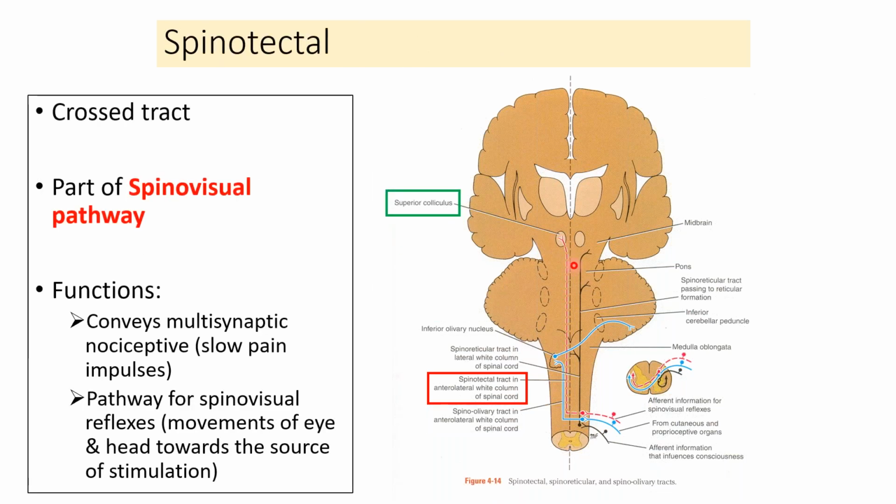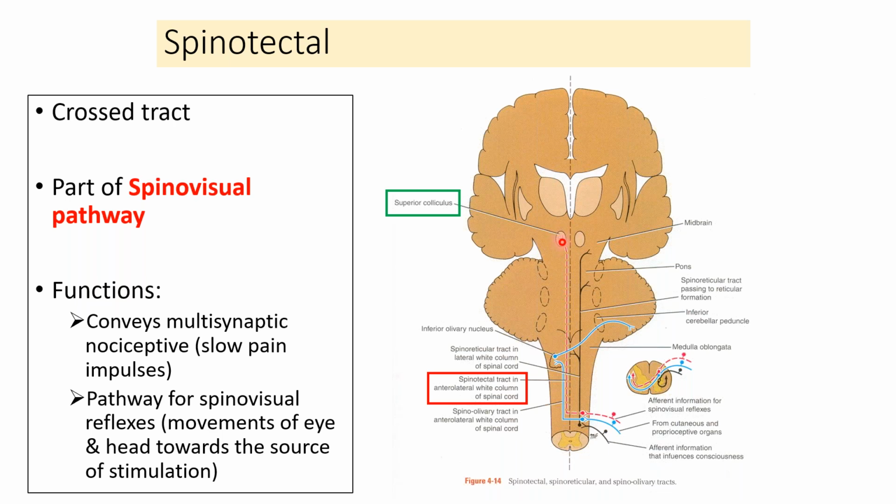We'll start with the spinotectal first. As the name suggests, it will arise from the spinal cord level and finish where? In the tectum. The tectum is the area in the midbrain, which has the superior colliculus. So this is the spino-visual pathway, the spinal cord connected with the visual pathway.